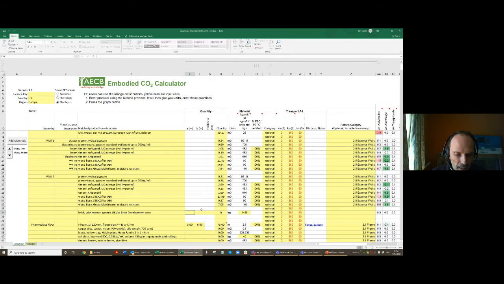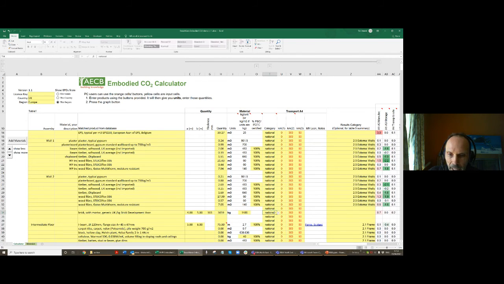So if we entered, say, 4 meters by 5 meters by, well, it'd be 103. Because it knew it was kilograms, it's multiplied by the density, which is a yellow cell. That means you can change it if you want to. If you happen to know it's a type of brick which is a different density, you can change that.